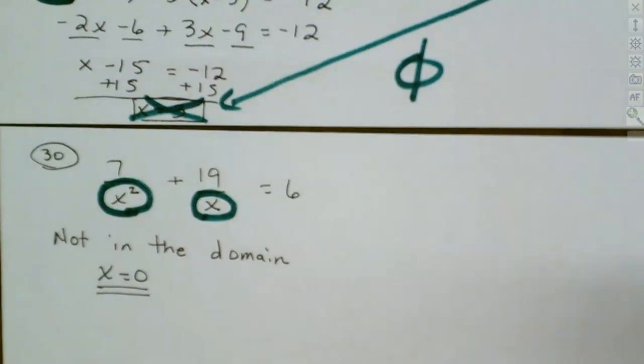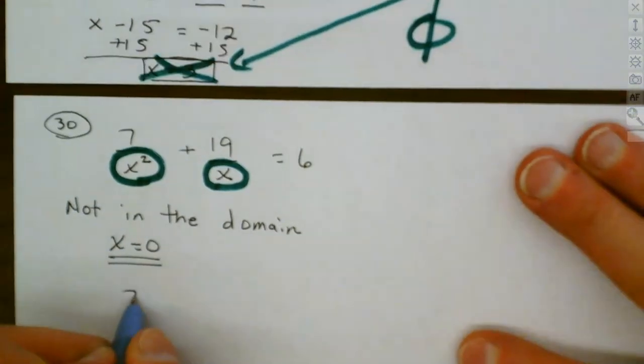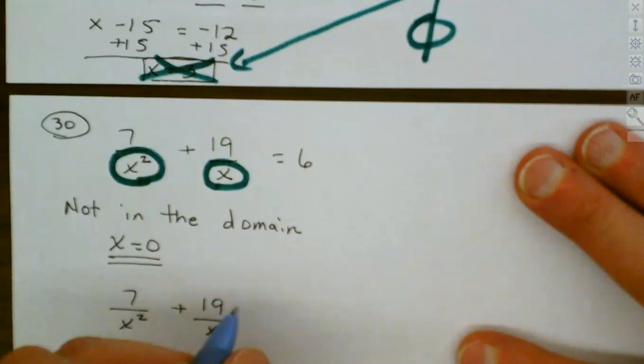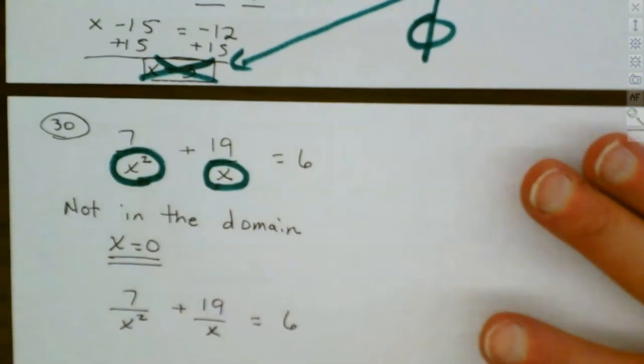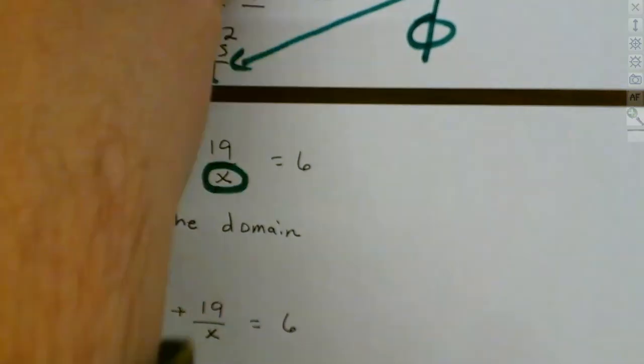Because the only thing down below is an x and an x squared. So 0 is not going to work. It's not in the domain. How do we clear our fractions? I think we did one of these back in 1-4. How do we clear out these fractions? Well, we look at what's down below.